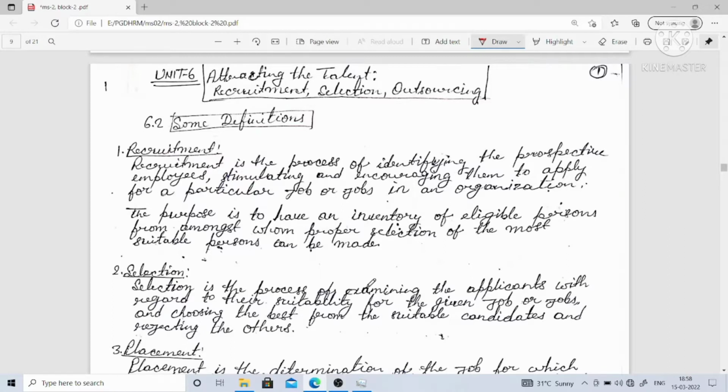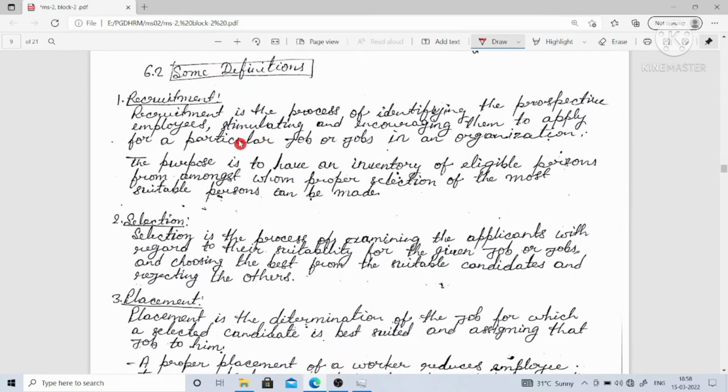So before moving on to these things in detail, first of all let's study some important definitions which we will use in this whole unit. So understanding these terms is very important.